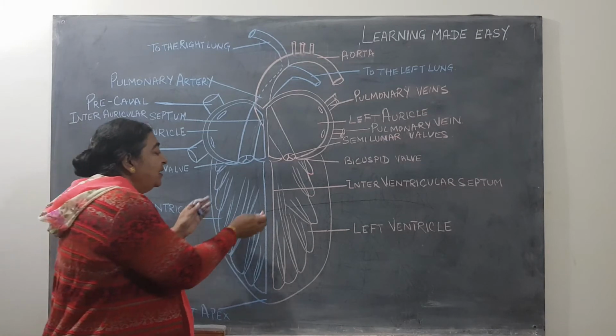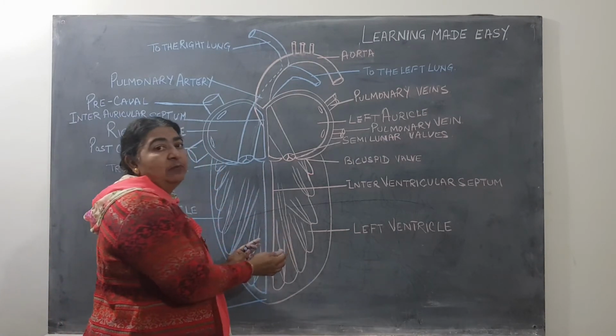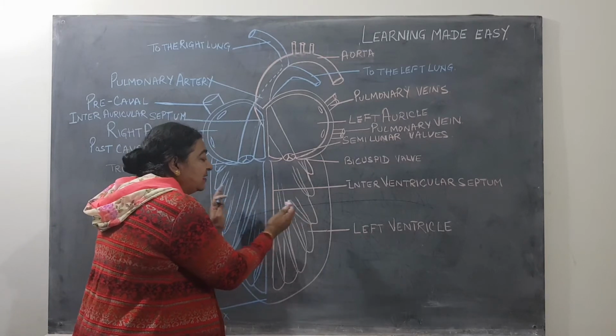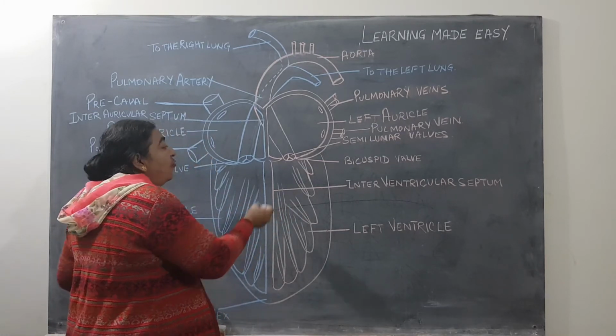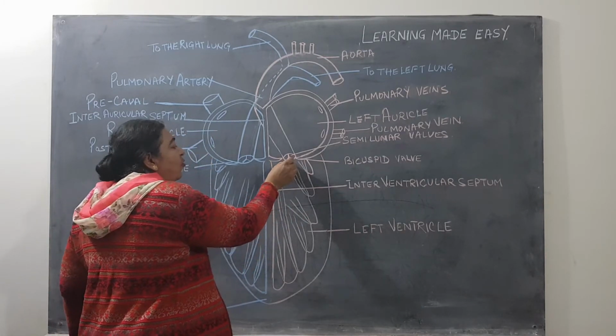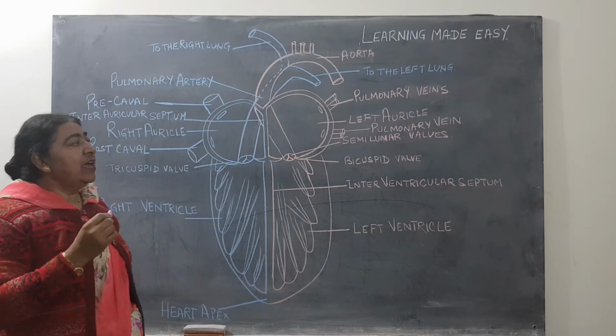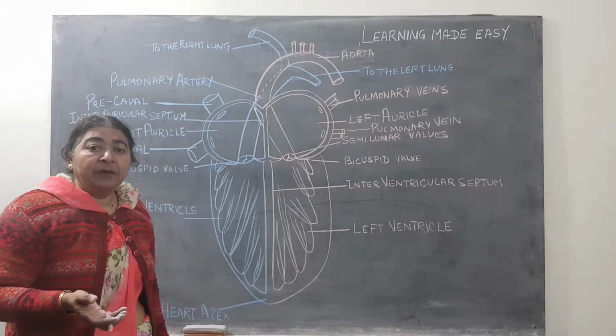Now, when the ventricles are filled with blood, they simultaneously contract. And as they contract, this forces the semilunar valves present at the end of the pulmonary artery and aorta to open up.